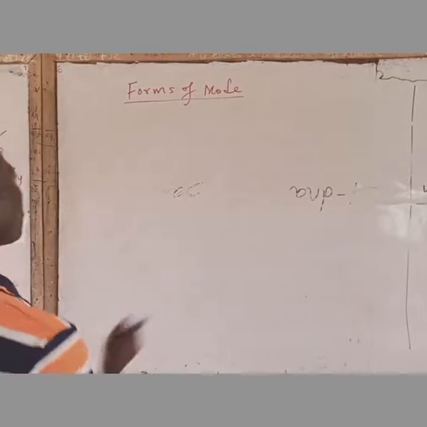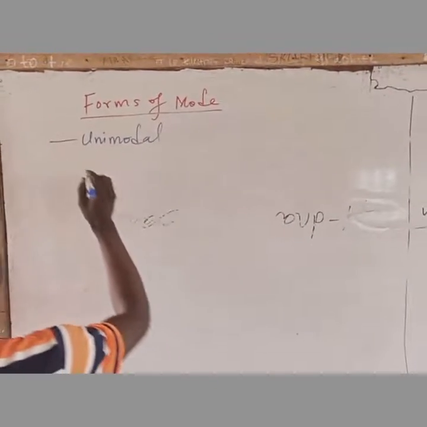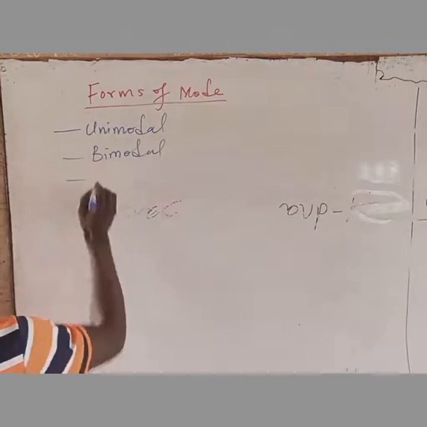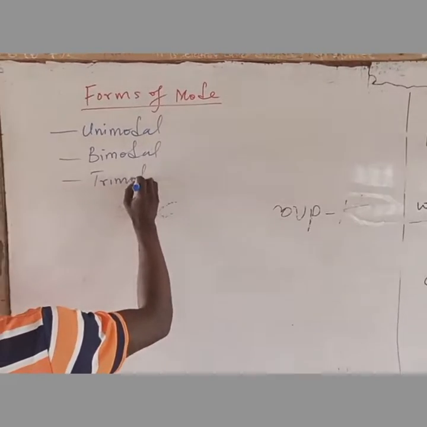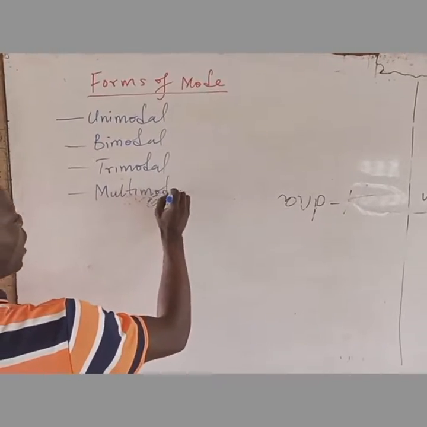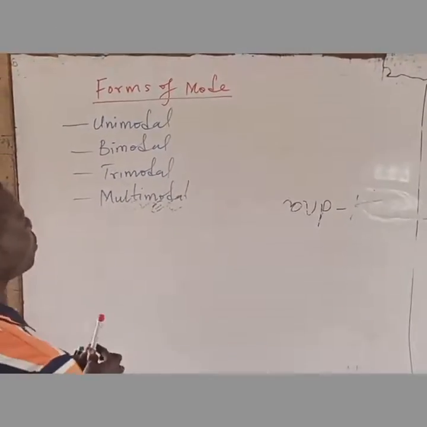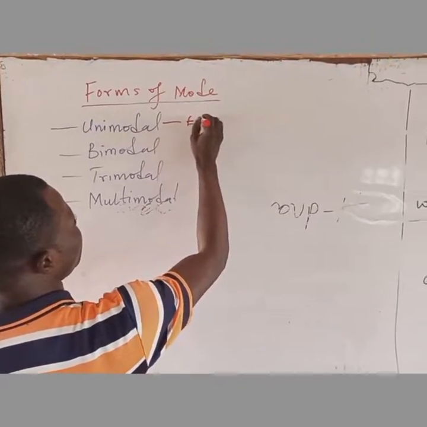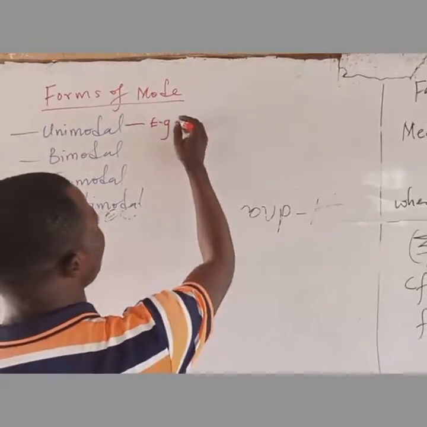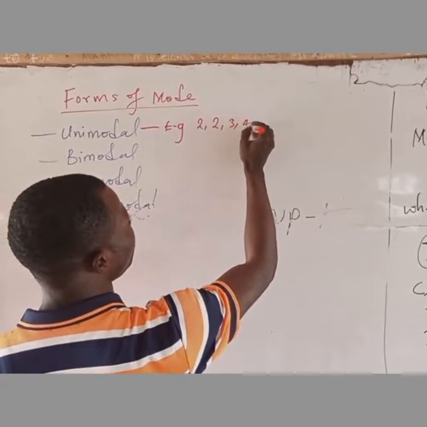For example, we have unimodal, we have bimodal, we have trimodal, we also have multimodal. Under unimodal, e.g., when you have a single value that appears most, let's say you have 2, 2, 3, 4, 6.